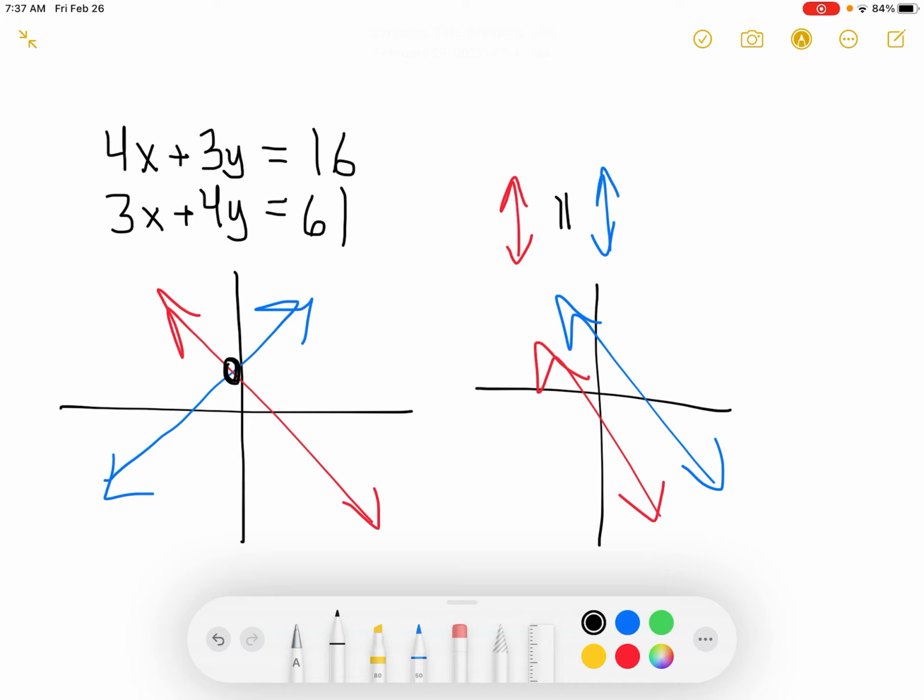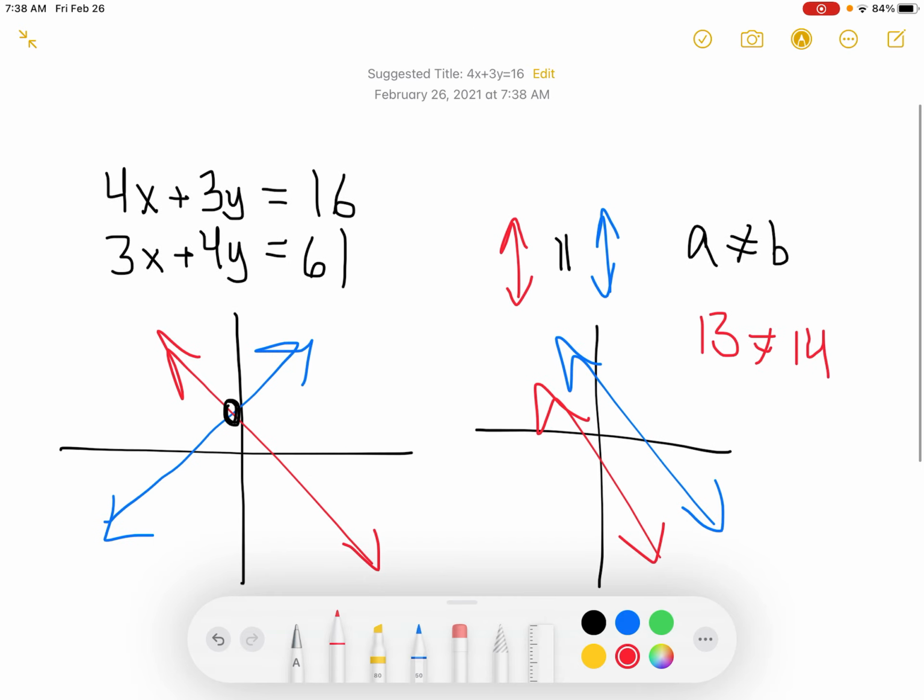What does no solution mean? That means you get an answer that is just numbers, in which the x's and y's would cancel out, and we would get something like 13 equals 14, which is not true. So that means there would be no solution, because if they're parallel, they're never going to touch.